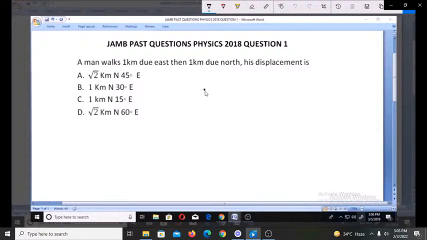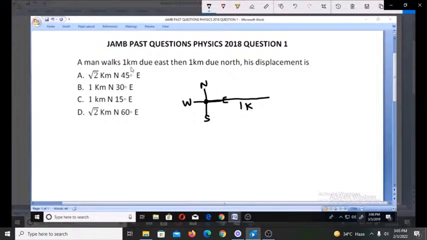So if we have this as the reference point, where this is north, this is west, this is east, and this is south, now you have this man walking from here 1 kilometer east. This is east side, so he's going to walk straight down to this side 1 kilometer east.